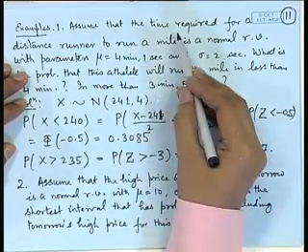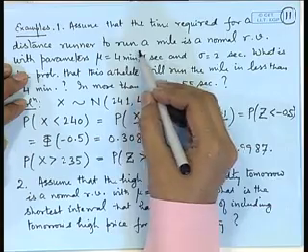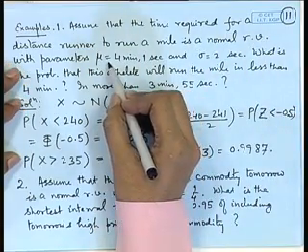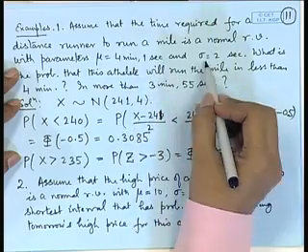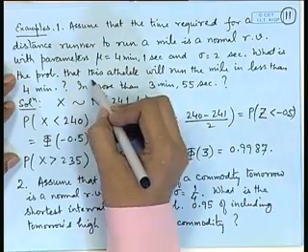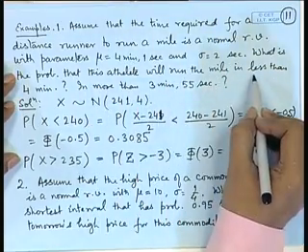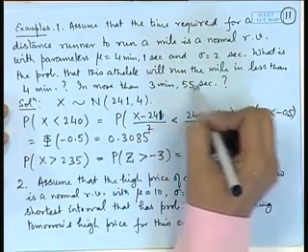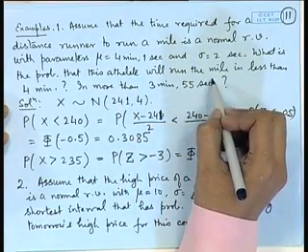So, suppose that the time required for a distance runner to run a mile is a normal random variable with parameters mu equal to 4 minutes 1 second and standard deviation 2 seconds. What is the probability that this athlete will run the mile in less than 4 minutes or in more than 3 minutes 55 seconds?